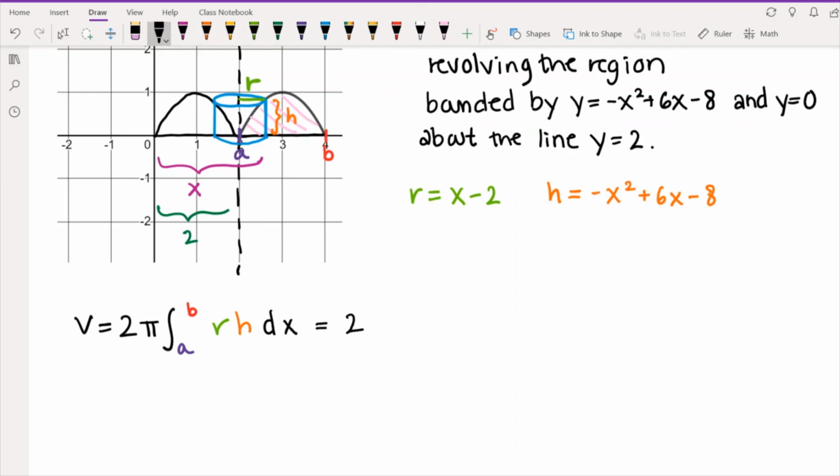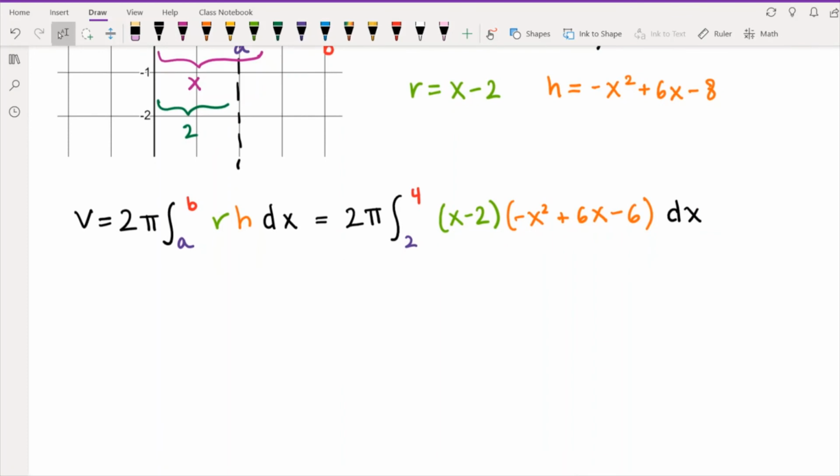So this is going to be 2 pi times the integral from 2 to 4, 2 is our lower bound and 4 is our upper bound, of our radius x minus 2 and our height negative x squared plus 6x minus 8 dx. And now we just have to multiply out this polynomial and take our antiderivative.